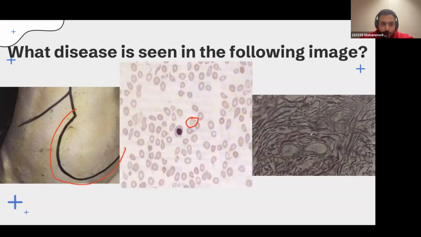Splenomegaly. Good. Now, what is this showing you? This image? Fibrosis. All right. This is reticular stain. So this is, as you mentioned, myelofibrosis. Someone already mentioned it. Detailed answer: trephine biopsy showing reticulin.